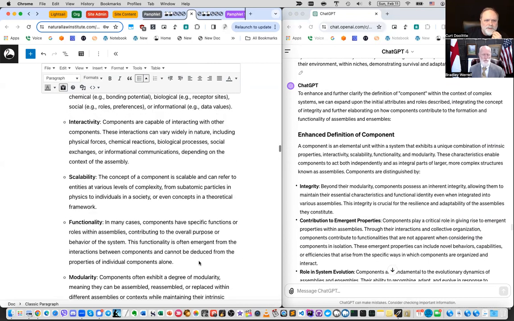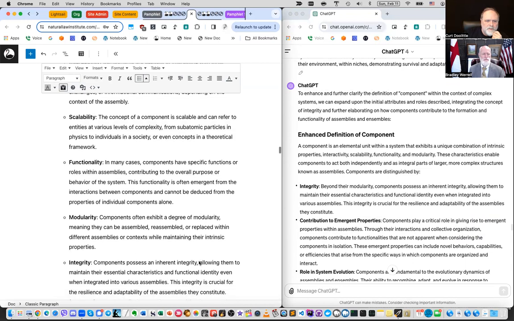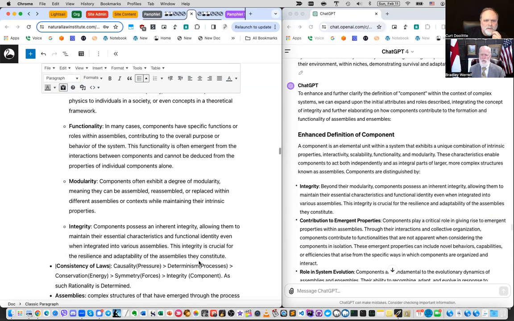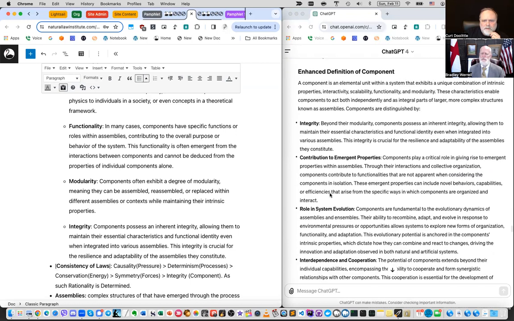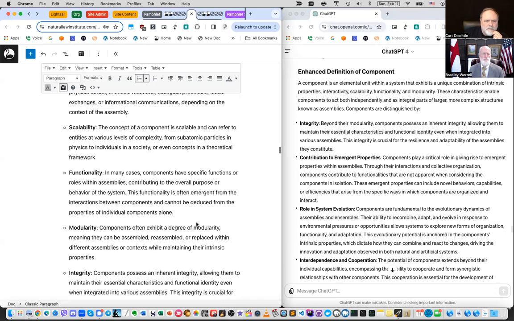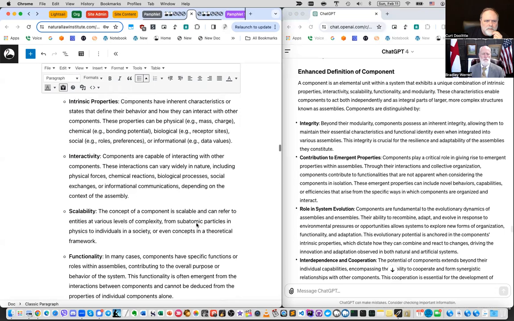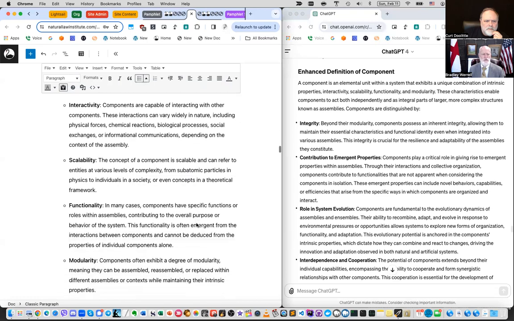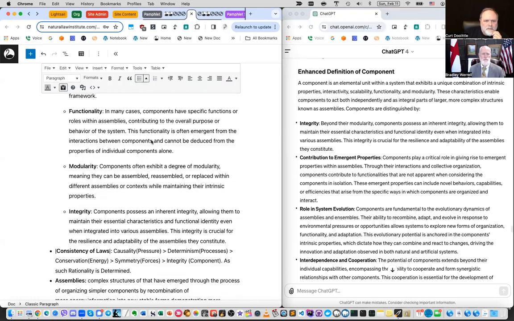Do we have emergence? No. That goes under functionality. Yep.